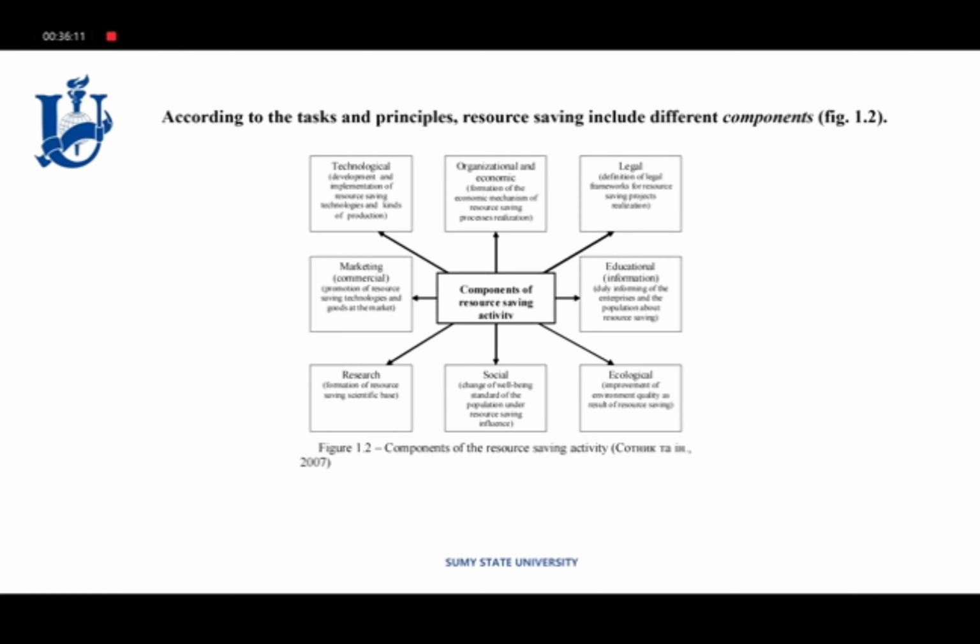The ecological component is the improvement of environmental quality as a result of resource saving, including reduction of pollution levels and the volume of natural resources that are involved in industrial production. The complex interaction of all components ensures the final result, resource saving, that is, to improve the social, ecological, and economic efficiency of social production.